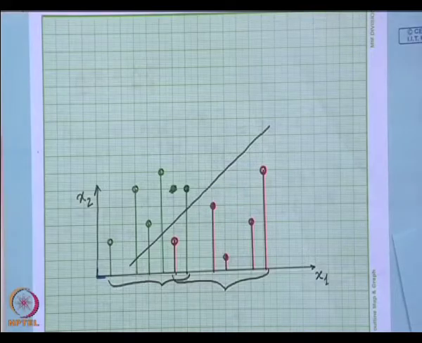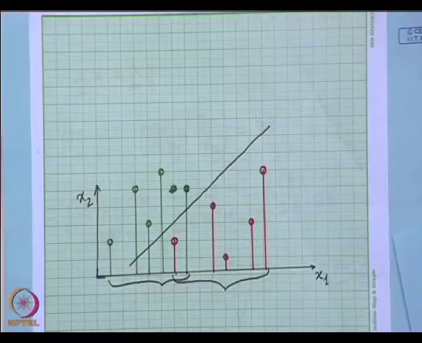So in our original two dimensional space they were linearly separable, but when I take projections onto the eigenvector, they are no more linearly separable. This is a problem that we face when we project feature vectors from a higher dimensional space onto a lower dimensional space.